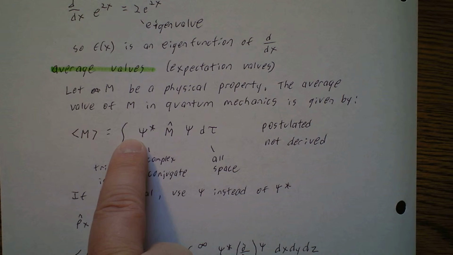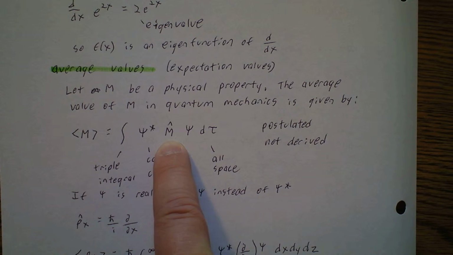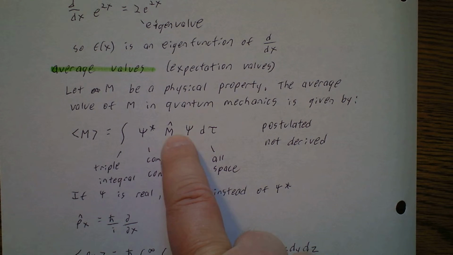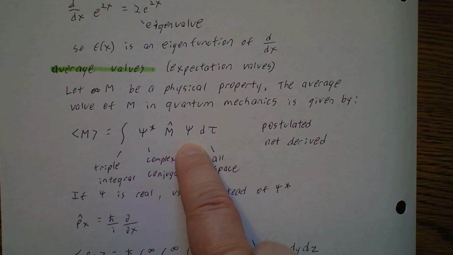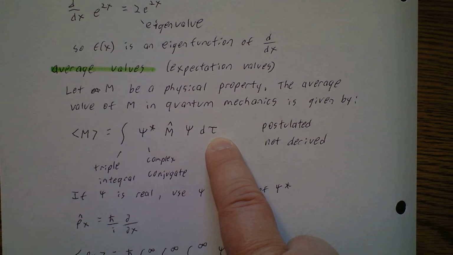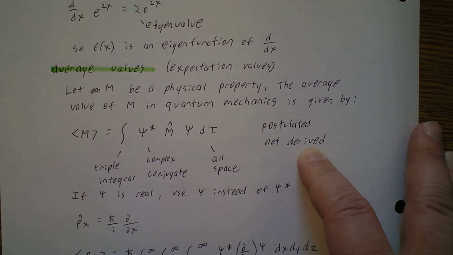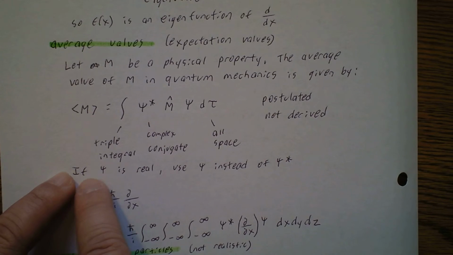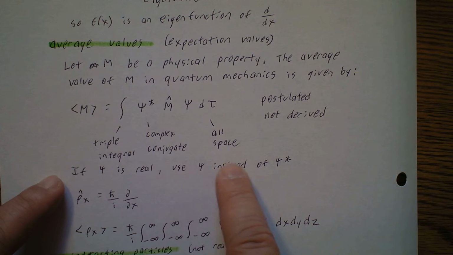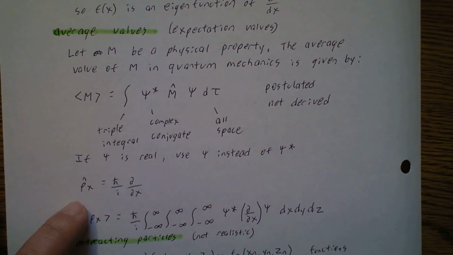So we have the complex conjugate, psi star, and then M hat, that's the operator for the physical property we want. And then the psi, these are lowercase obviously, and then d tau. Remember, tau means over all space. So that's why it's a triple integral. So this is postulated, not derived. So if psi is real, then you can just use psi instead of psi star, because if it's real, then obviously it's equal to its own complex conjugate.